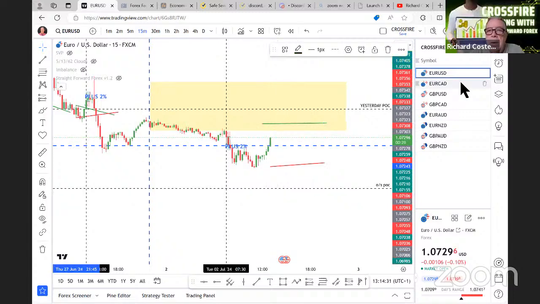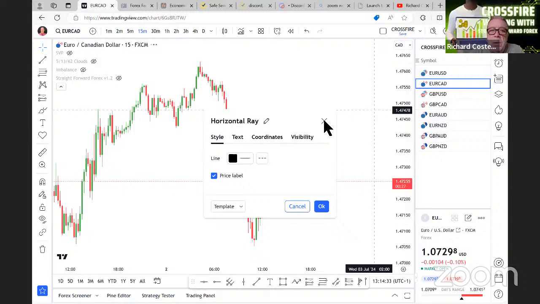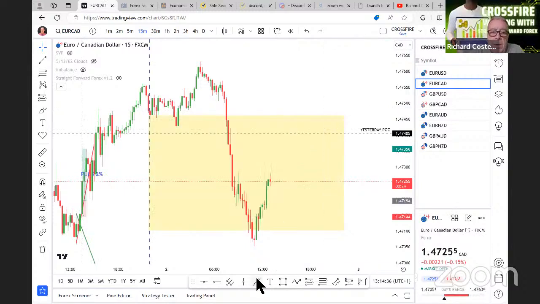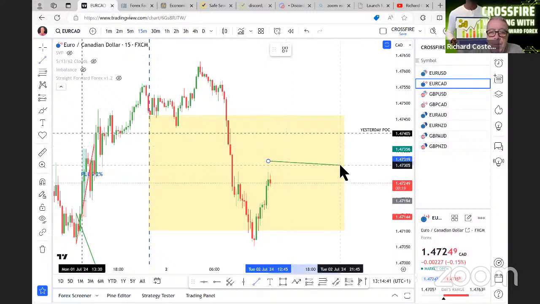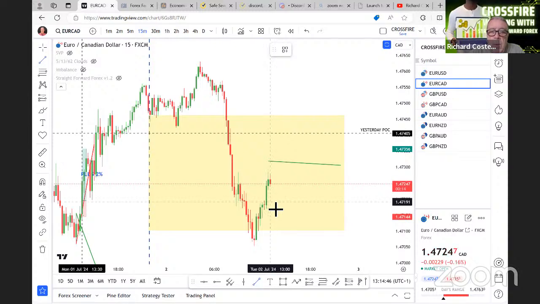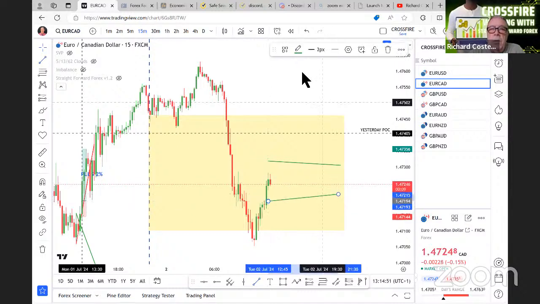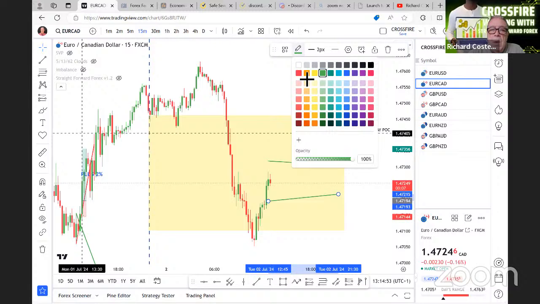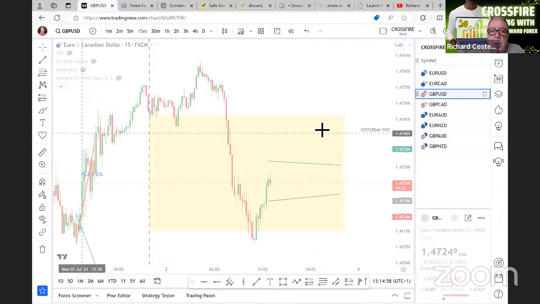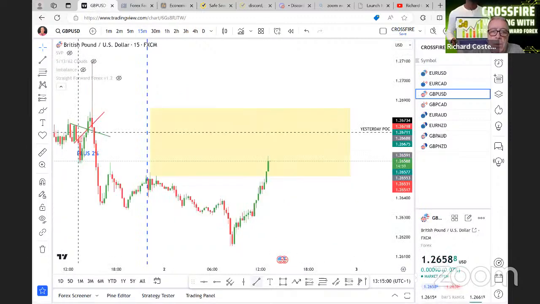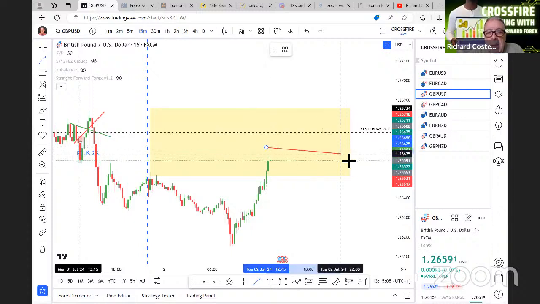I'm just going to do exactly the same on the other three pairs. I'm going to put one above where price is now, and one below where price is now, and then come back and place them accurately in a couple of minutes. That's two pairs marked up. I would normally have this done before I do this session, but I was tied up trying to get my computer to work.